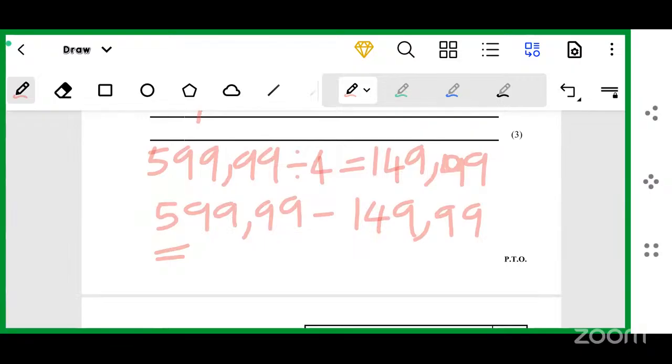Can I just calculate this? Okay, I'm just calculating it now.